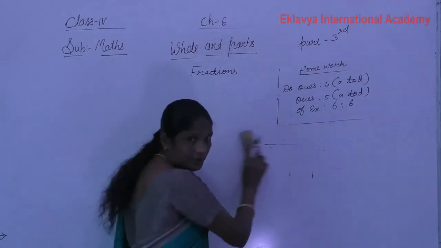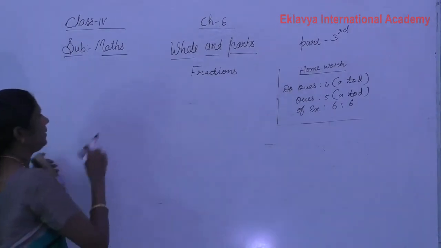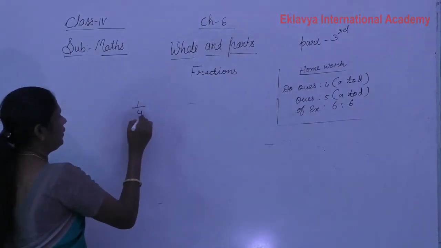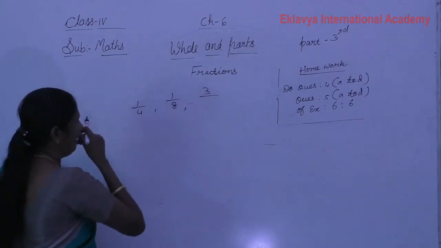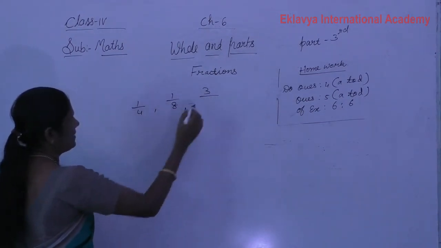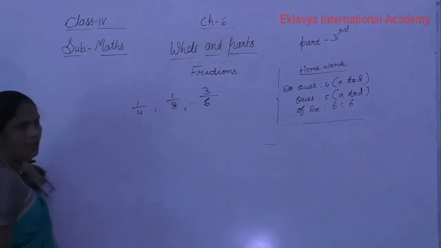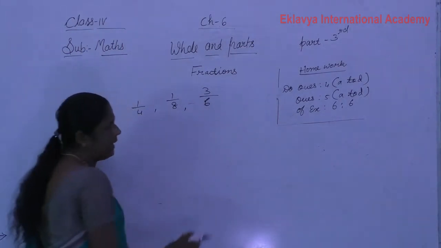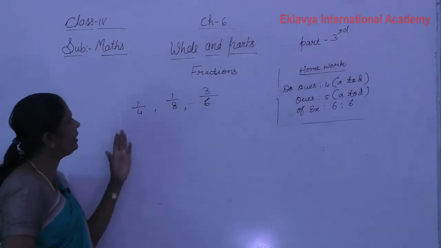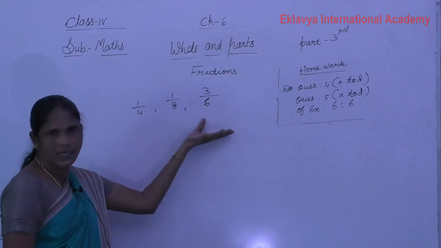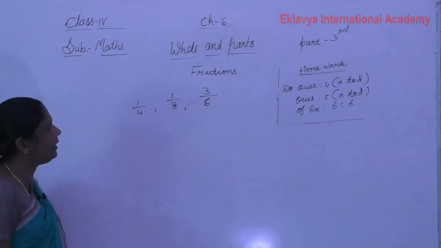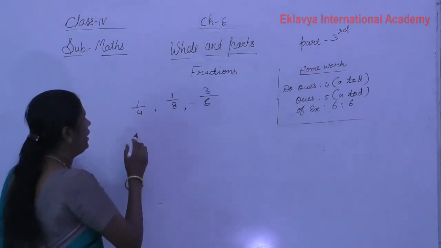One more question. Here 1 by 4, 1 by 8 and 3 by 6. Okay. First you find the LCM here. First look, numerators are not the same, denominators are not the same, no. First you find the LCM of the denominators.